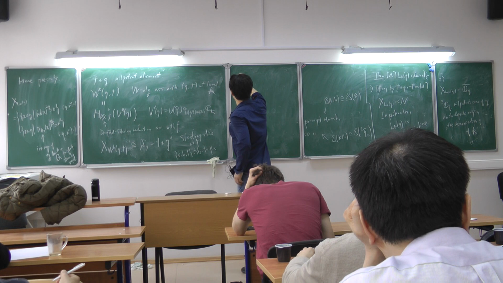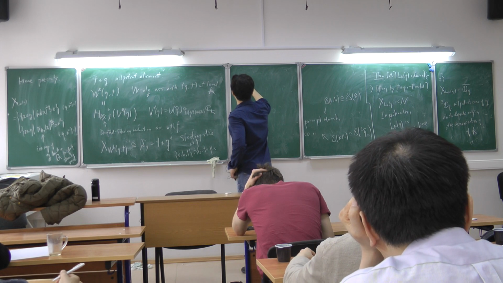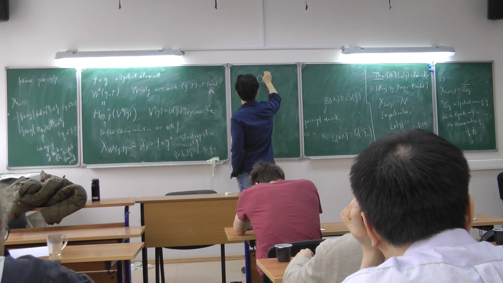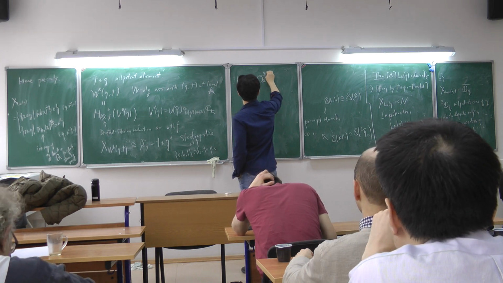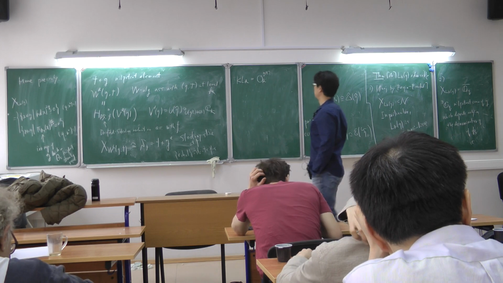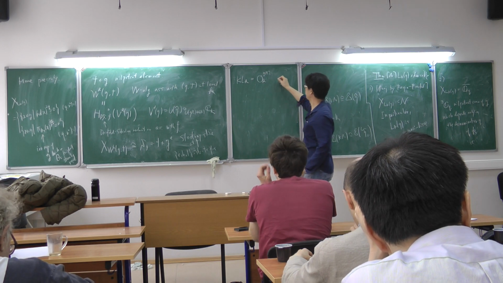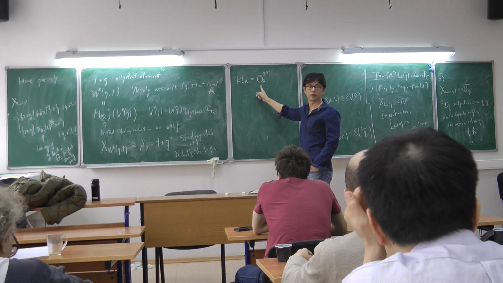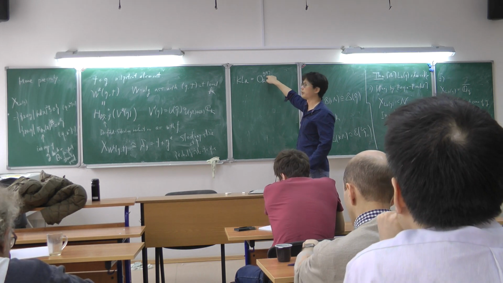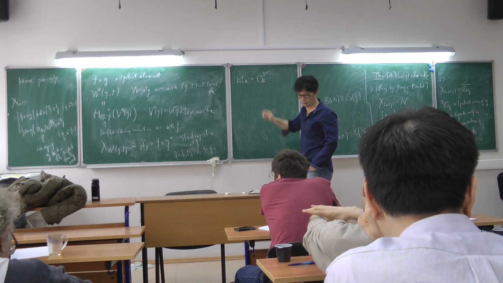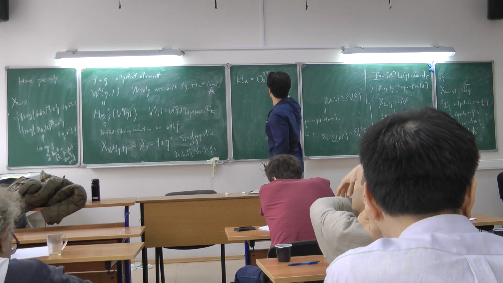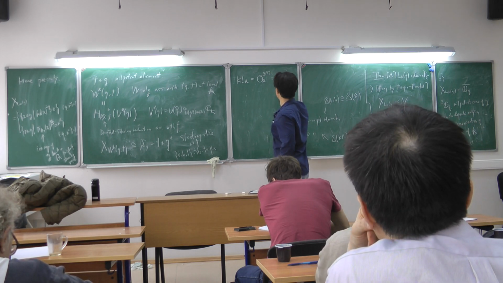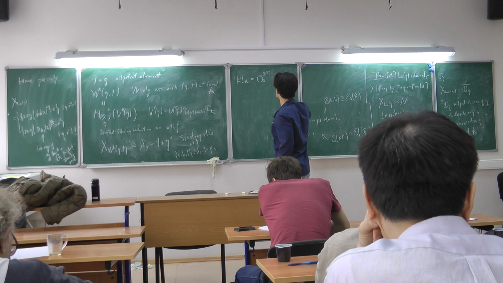So let me consider the Kazhdan-Lusztig category, which is the full subcategory of category O of g hat at level k, of modules which are equivariant under the action of G. And here we have this induced module and the corresponding simple quotient.